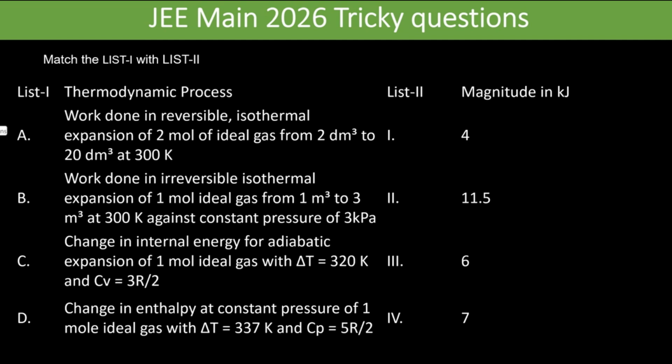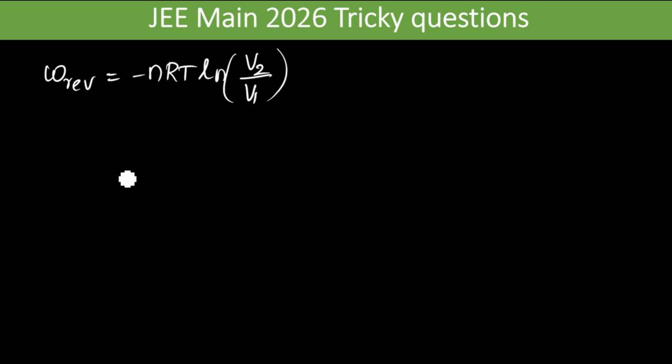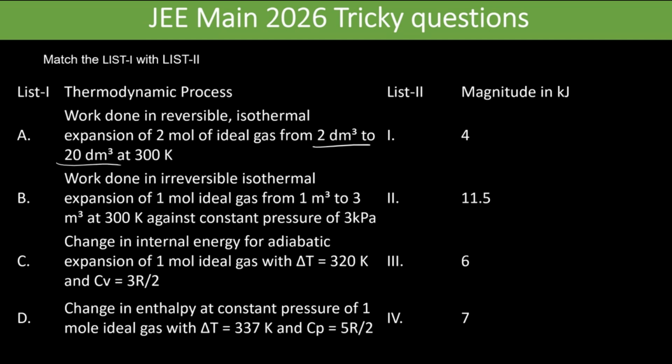This is isothermal reversible process. Reversible, 2 decimeter cube to 20, so expansion. So for that, work done is equal to minus nRT ln V2 by V1. Correct? So just substitute the values. Formulas are simple, formulas you already know, but it will take more time. That is the problem. Into temperature, that is given as 300 Kelvin.